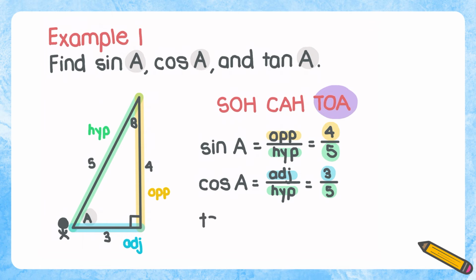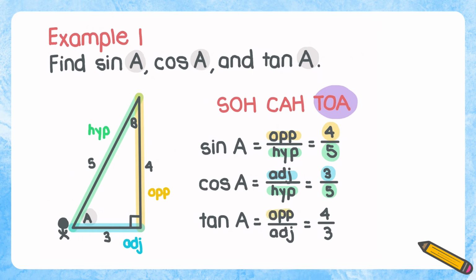And lastly, let's find tangent of A. Tangent of A equals the opposite side over the adjacent side. The opposite side has a length of 4, and the adjacent side has a length of 3.